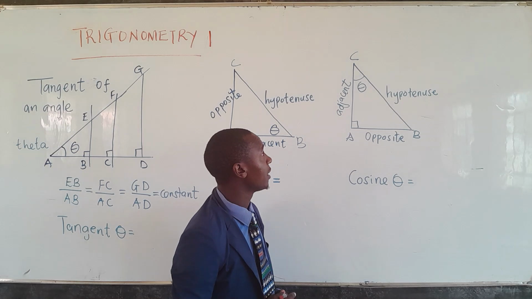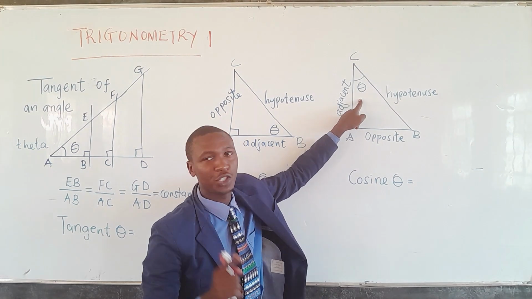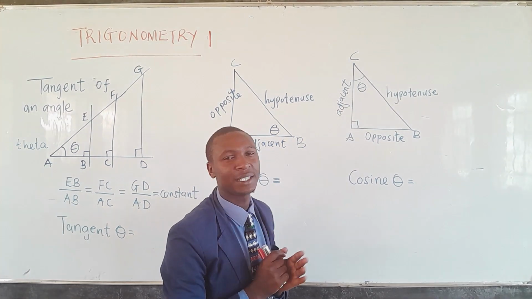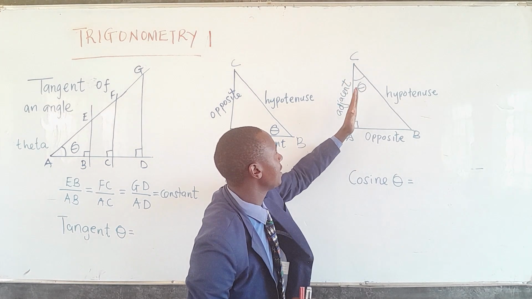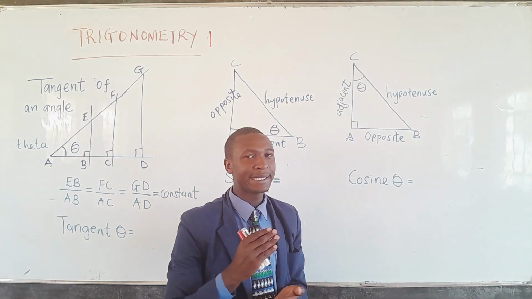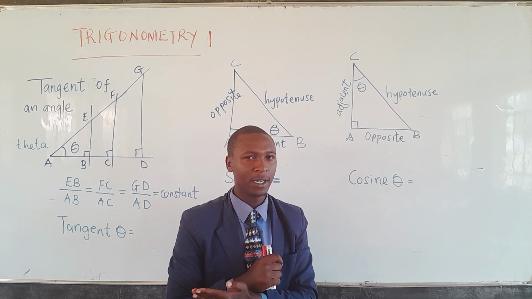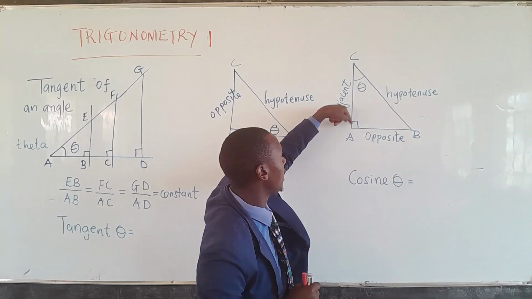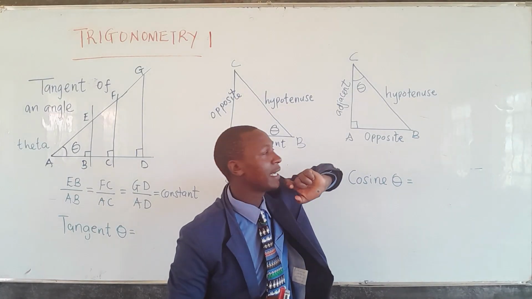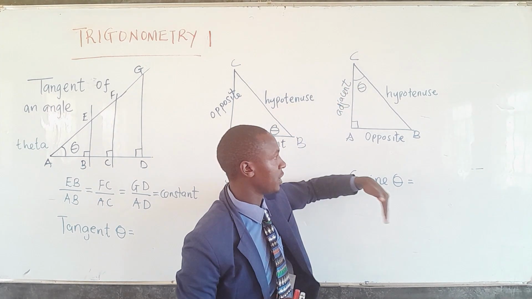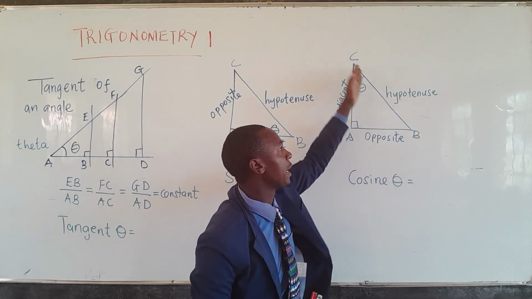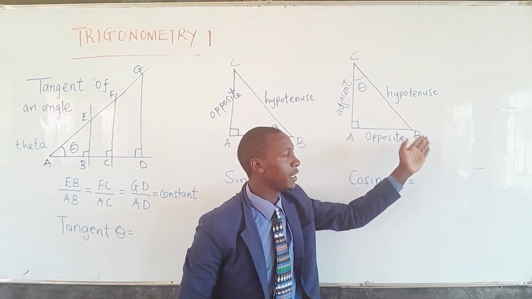If we then use another triangle and change the position of theta, then we're going to notice that the adjacent side is going to change, because the side which is in touch with the angle is this one here, and that's the one we're going to call the adjacent side, and the other one that is opposite will be AB, and the hypotenuse remains to be this side right here.